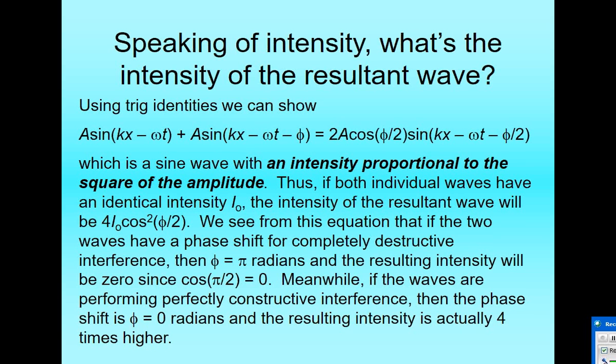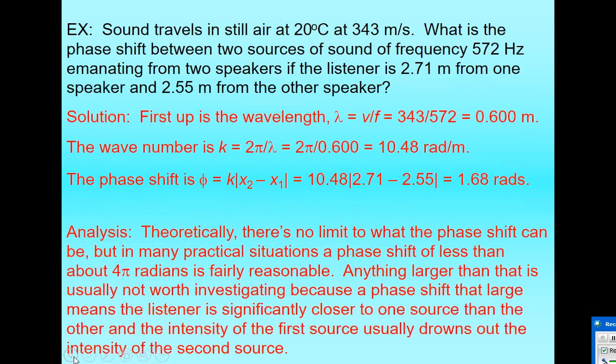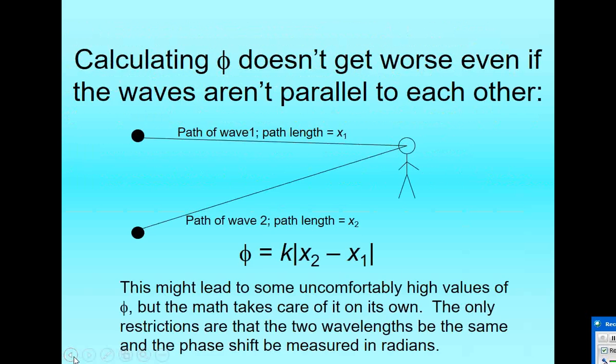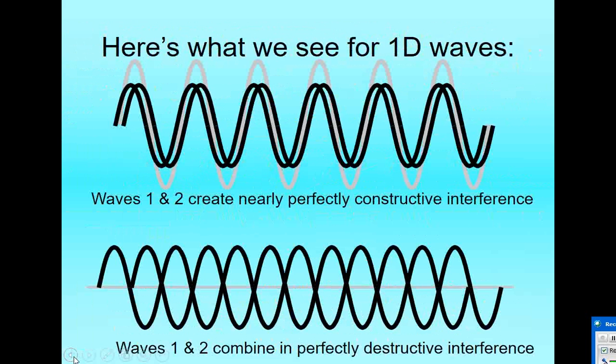It means that the two waves are exactly out of sync when they arrive at your ear or at your eye. And if they're exactly out of sync with each other, then we have the phenomenon shown in the lower part. These two waves that you see in the lower graphic are exactly out of phase with each other by half a wavelength.